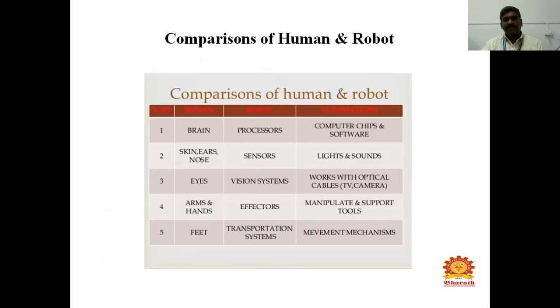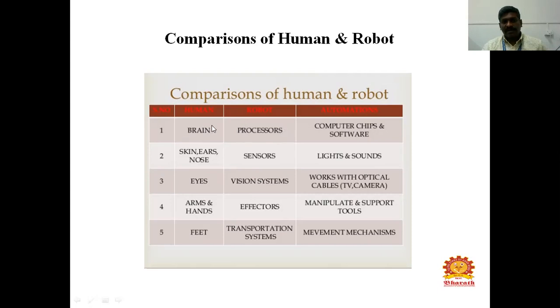Comparison of the human and the robot: how a robot relates to a human. Look at this: the human, the robot, and the automation. The human has a brain, so the robot has a processor.